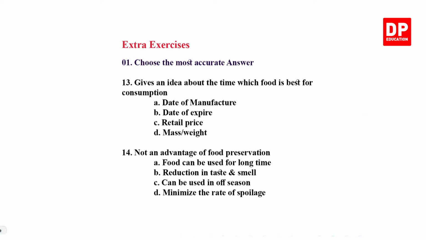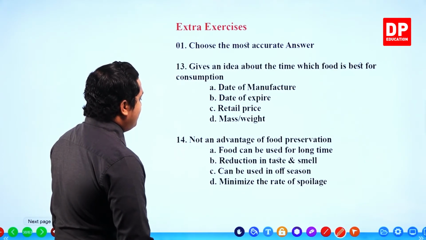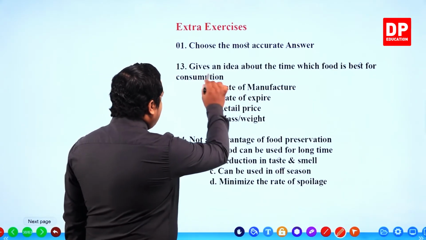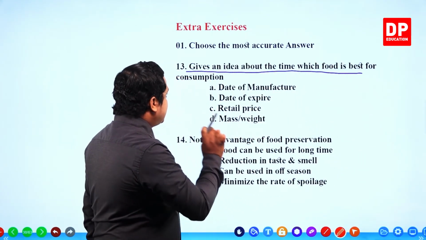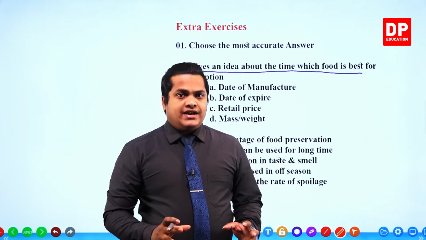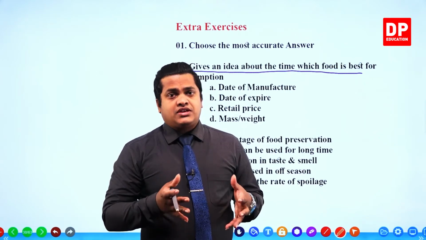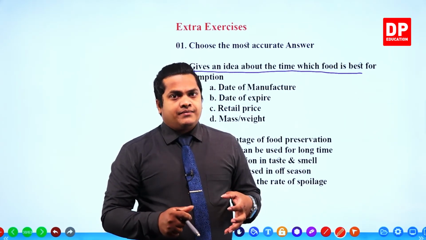Next one, gives an idea about the time which food is best for consumption. Date of manufacture, date of expire, retail price, mass or weight. The time period which the food item is best for consumption, we can get an idea about that.